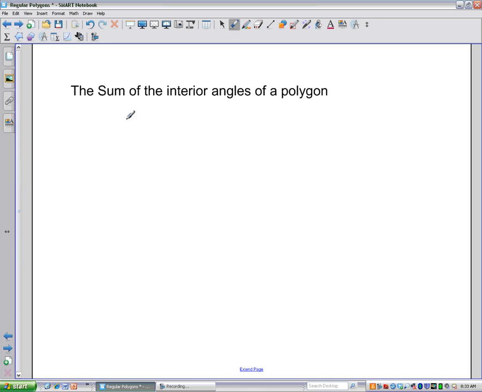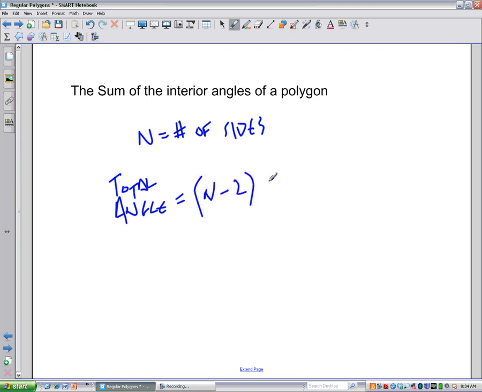Alright, I was distracted. But meanwhile, the sum of the interior angles of a polygon. So the pattern is, if n equals the number of sides, then the total angle equals the number of sides minus 2, times 180.